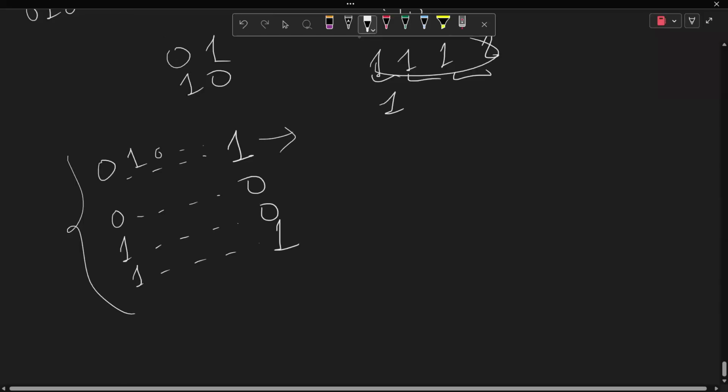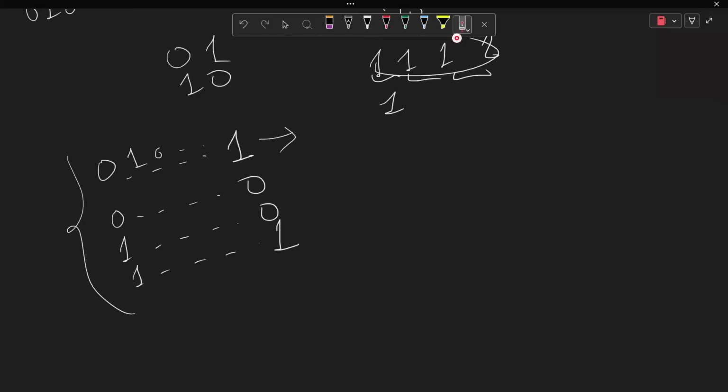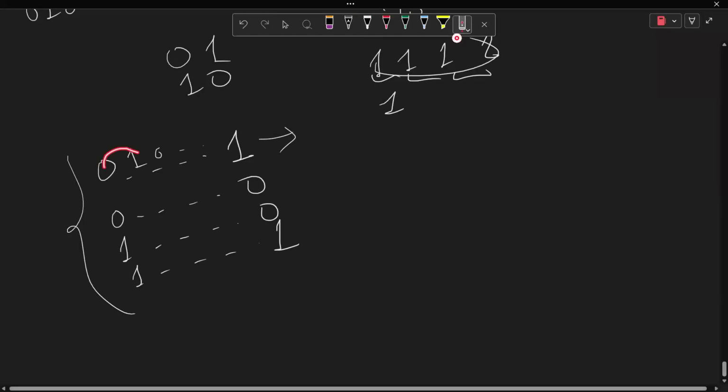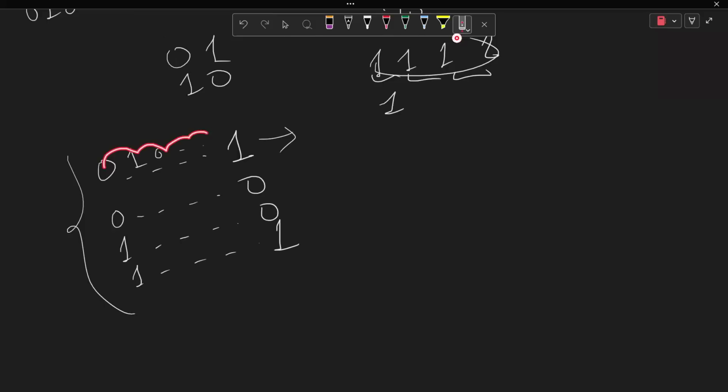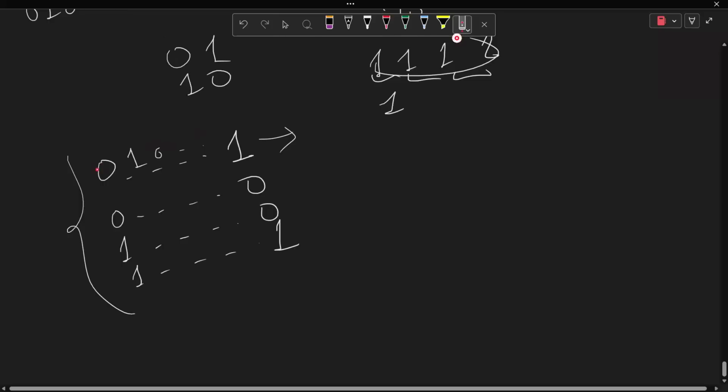Now, if you see in the first case, if you make a transition from 0 to 1 and then 1 to 0, 0 to 1, what is the difference between the number of transitions? The net difference is 1 transition from 0 to 1.